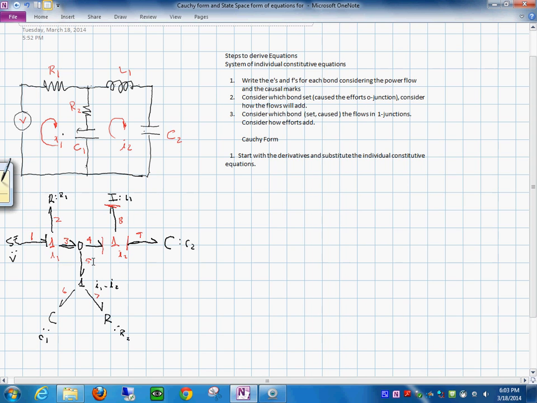Now we have some other, let's see, we can put this in integral form right there.